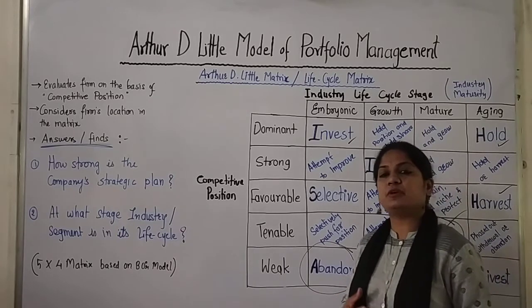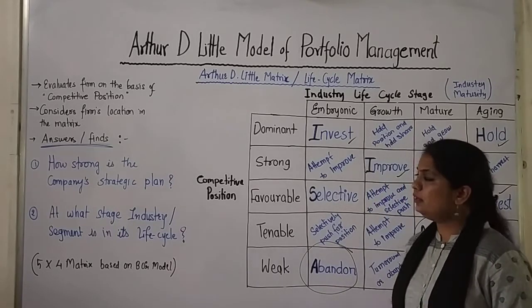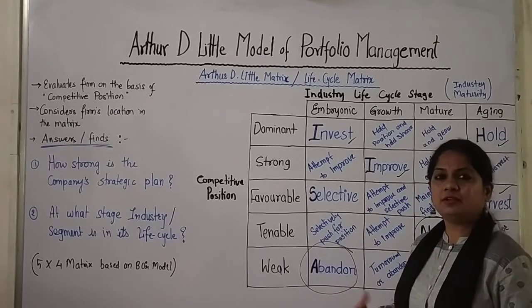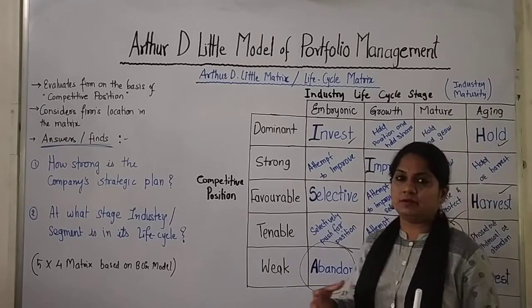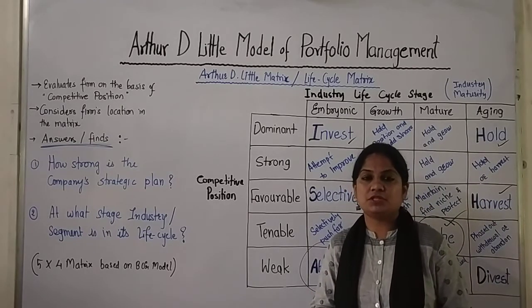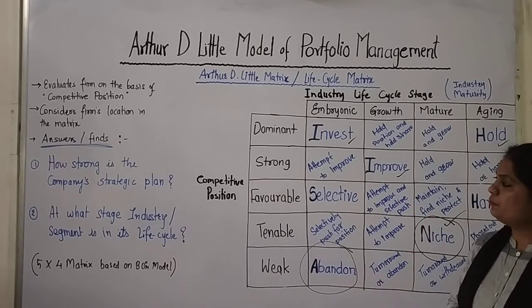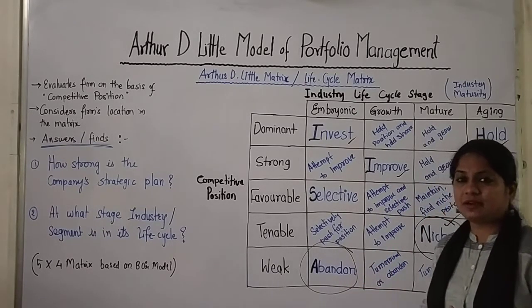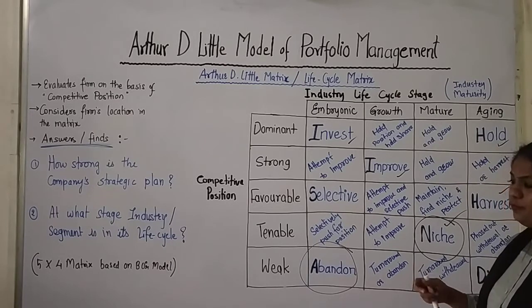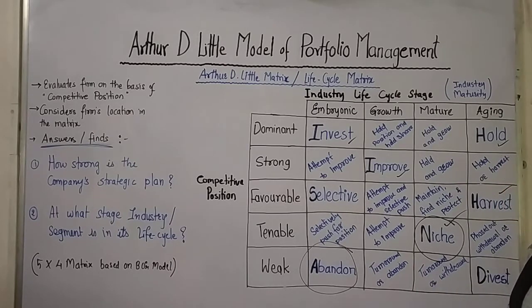Nowadays the market has become very fast, and by the time you put this matrix and identify the position of the industry, the stage might have changed. So this is the disadvantage, that it's not feasible all the time.